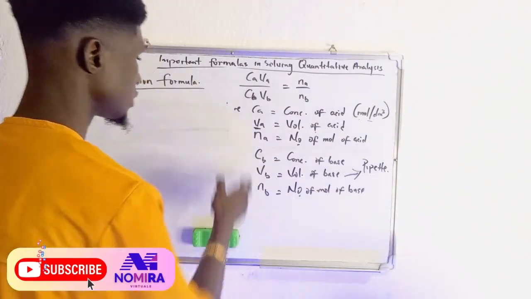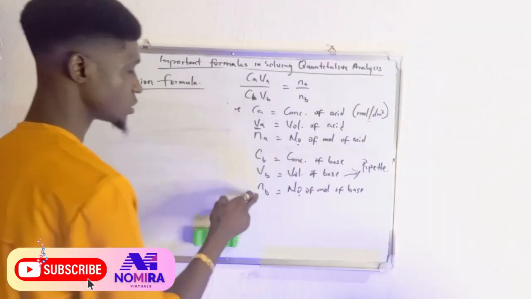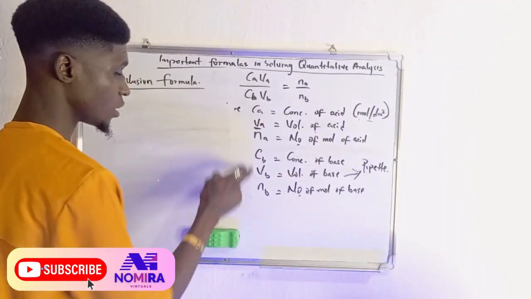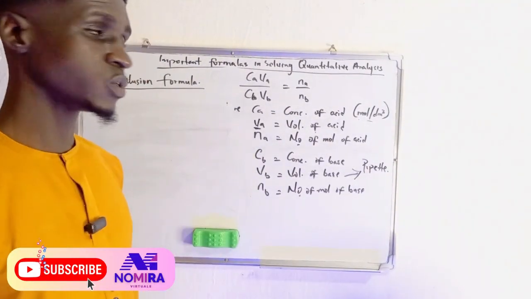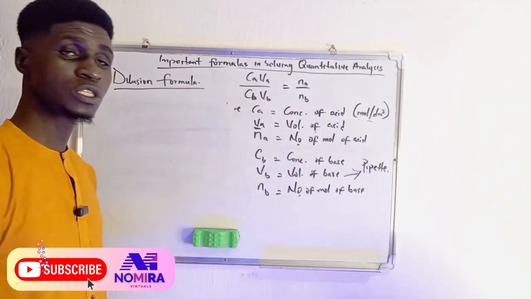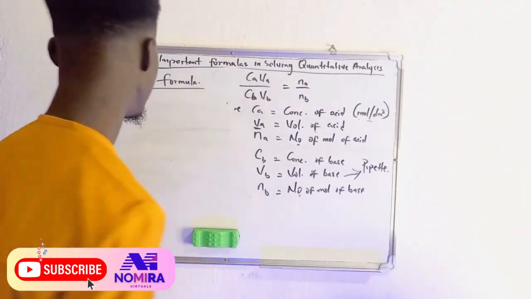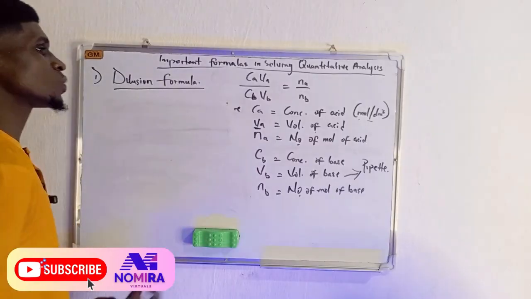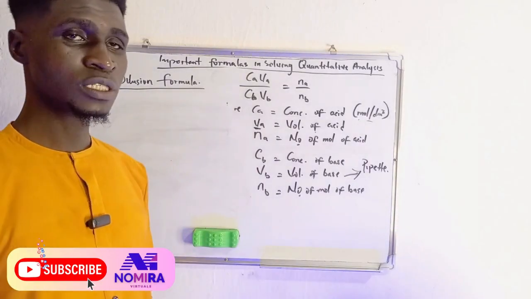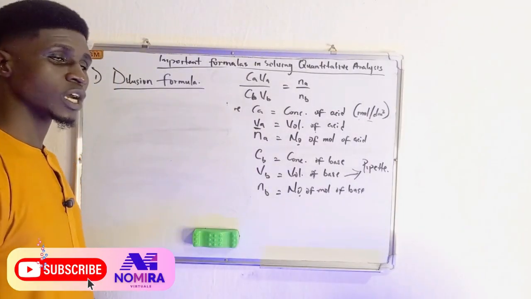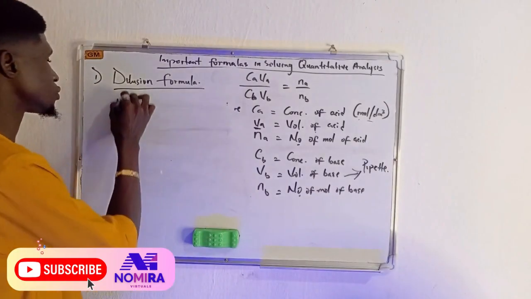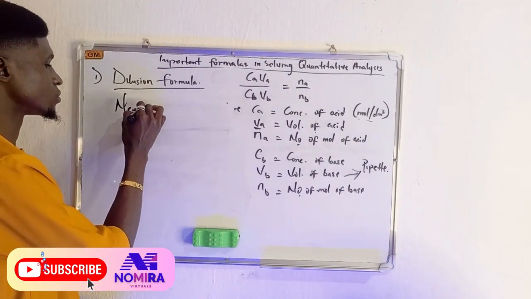So let us delve into how we would find out our Na and Nb, which I told you that you get from a balanced chemical equation. We are discussing quantitative analysis and we're going to limit ourselves to neutralization reaction. What is neutralization reaction?